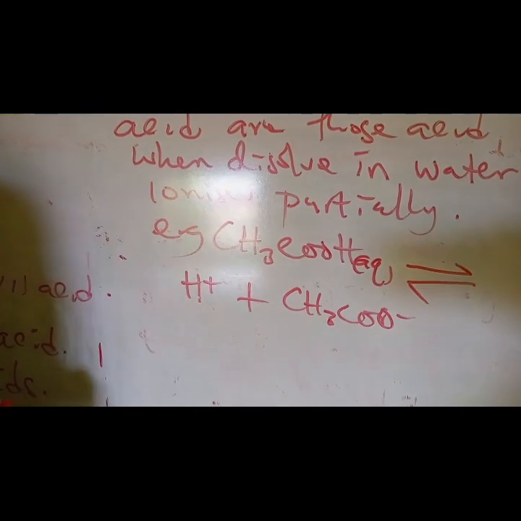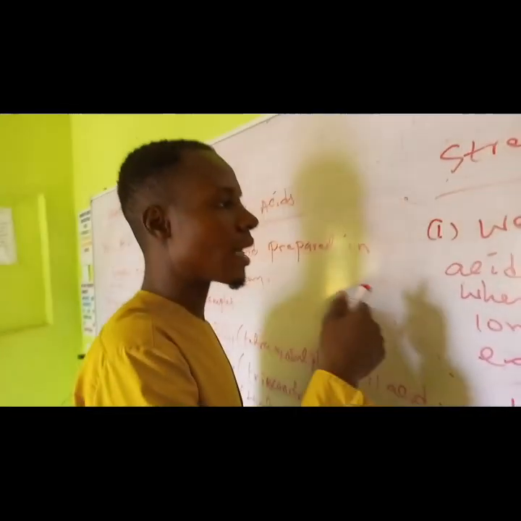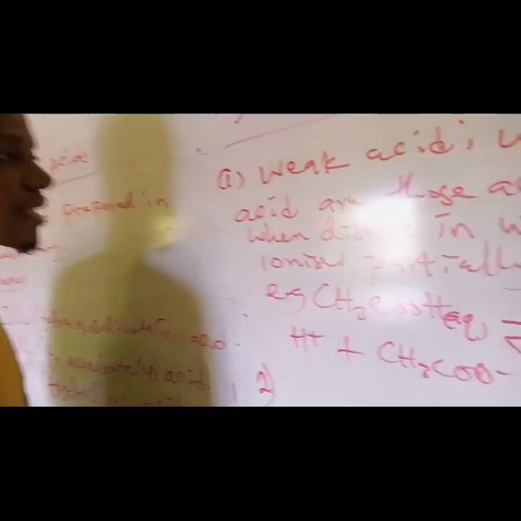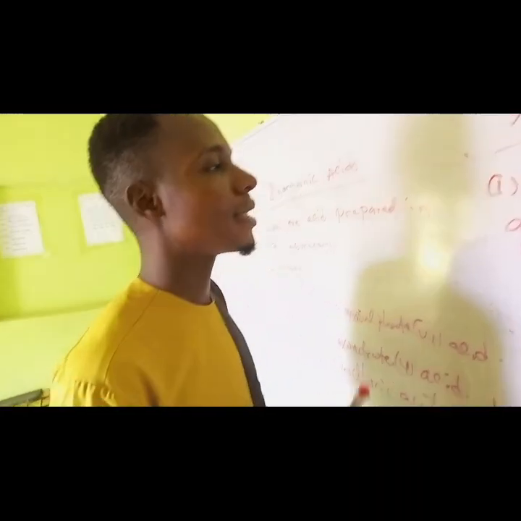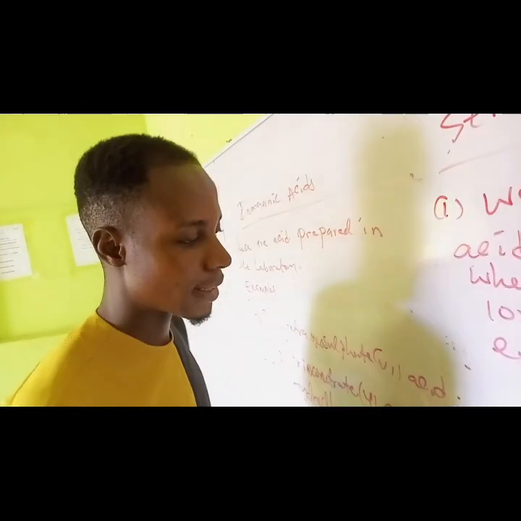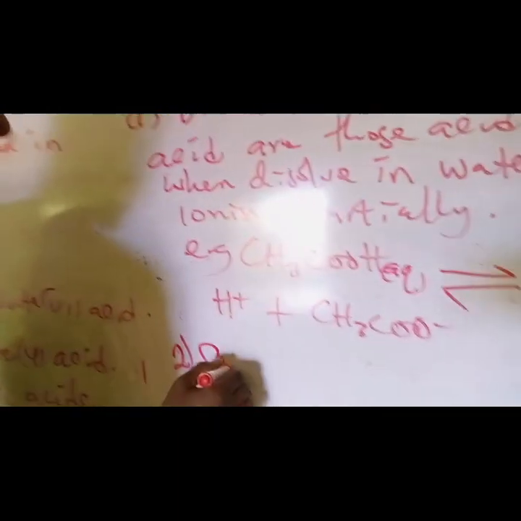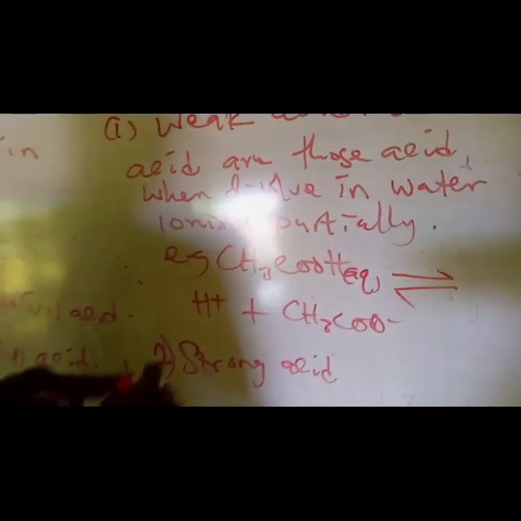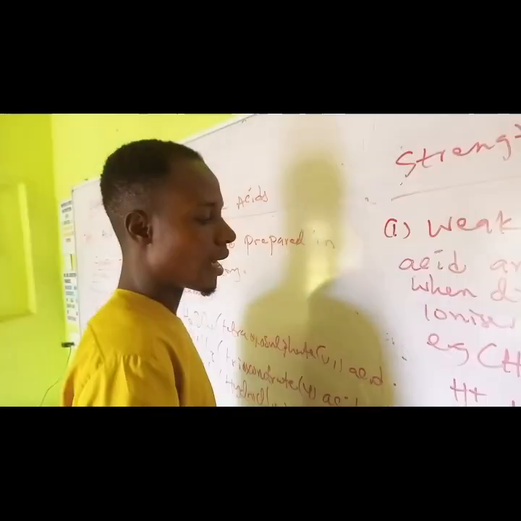So I have many other examples that can be termed as weak acid. But let's go to the next aspect. There is still a form of acid that ionizes completely in water when dissolved in water, and that kind of acid is called strong acid. So there are two perspectives of strength of an acid, weak acid and strong acid.